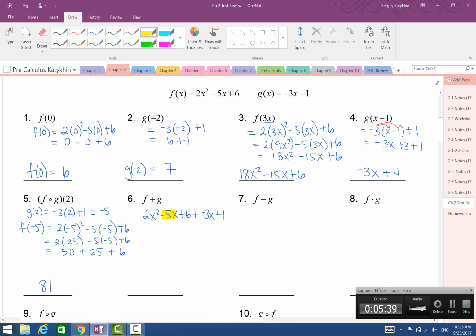I have a negative 5x and a negative 3x, and I have a couple of constants that I can put together. So my final answer will be 2x squared. Negative 5x plus a negative 3x will be negative 8x. Positive 6 and a positive 1 will give me positive 7.